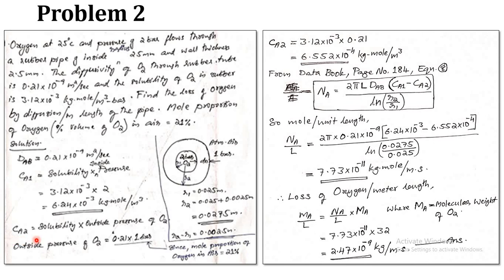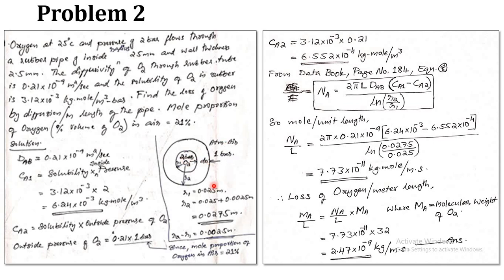CA2 is equal to solubility times the outside pressure of oxygen. Outside pressure of oxygen should be equal to 0.21 times 1 bar, because it is given the mole proportion of oxygen in air is 0.21. So outside we have atmospheric air, inside we have pure oxygen.